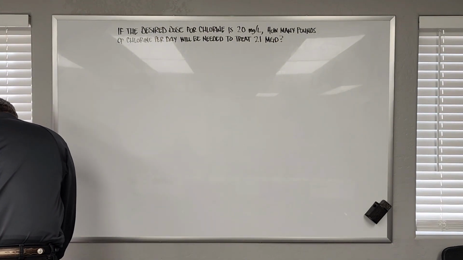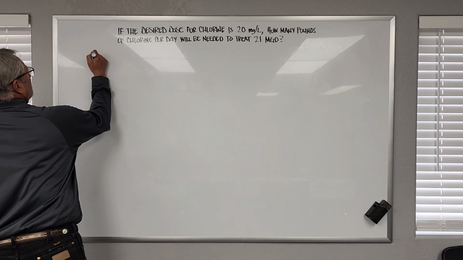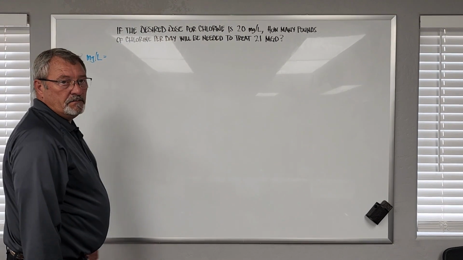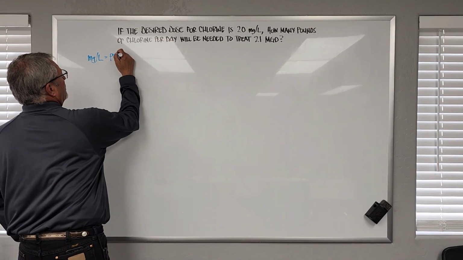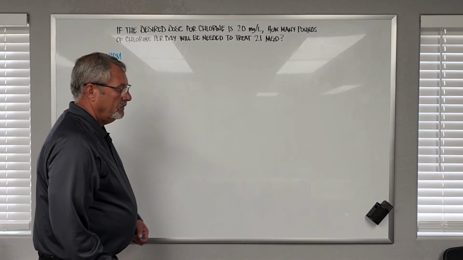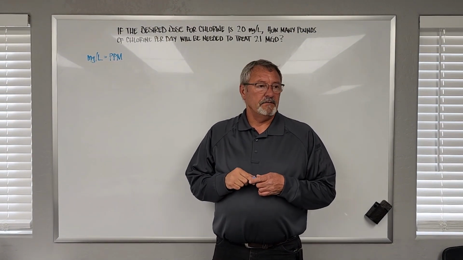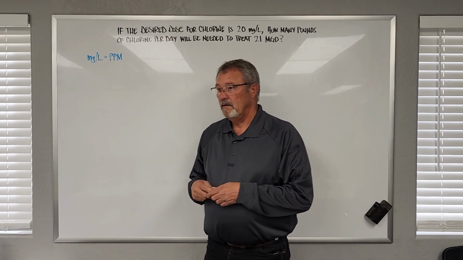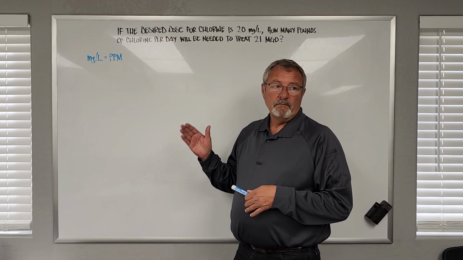First of all, milligram per liter is the same thing as 1 part per million, ppm. For years and years, that was one of the questions on your grade 1 exams. Sometimes you found them on grade 3 and grade 4 exams even. 1 milligram per liter is the same thing as 1 part per million.